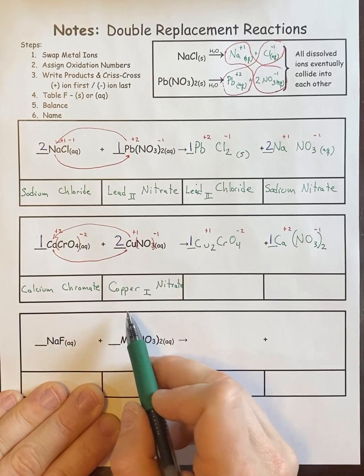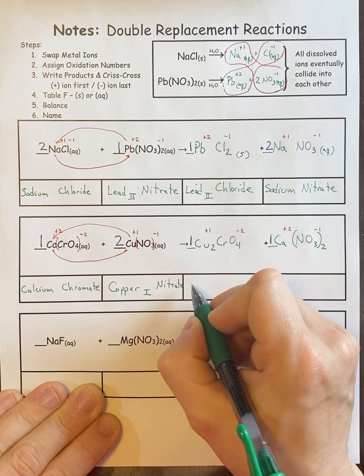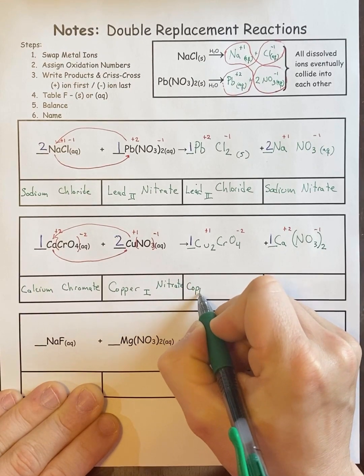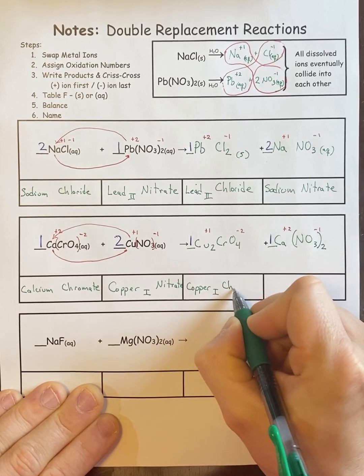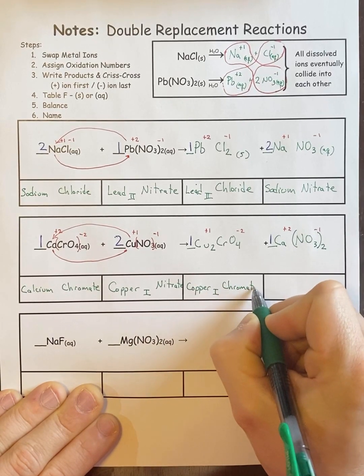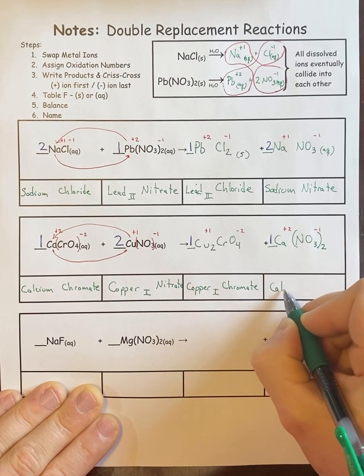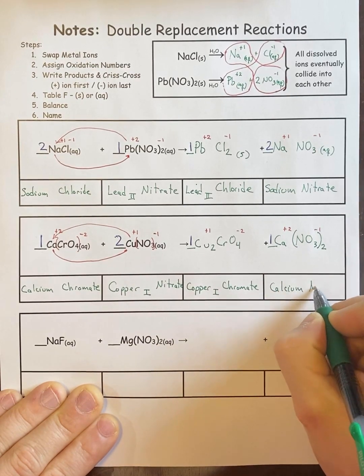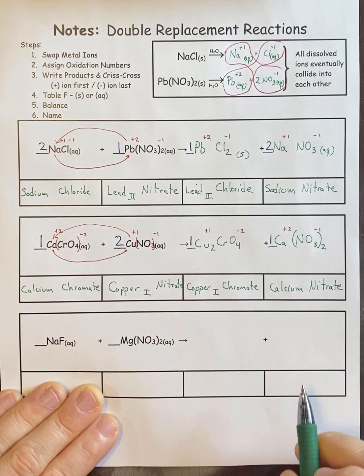When I make the two new names, the copper 1 is what gets traded for the calcium, and then I just rewrite them. And so that's the new naming.